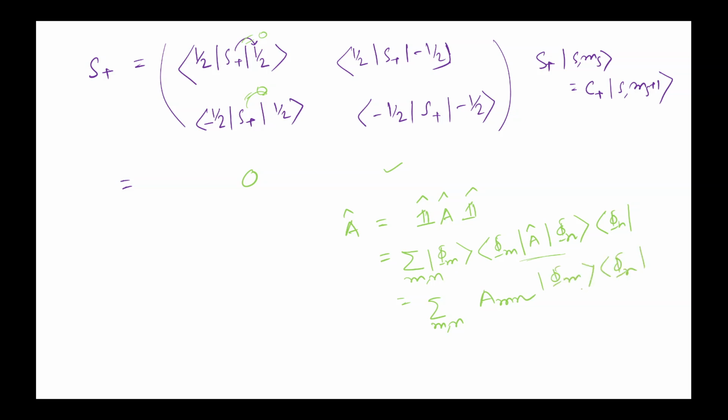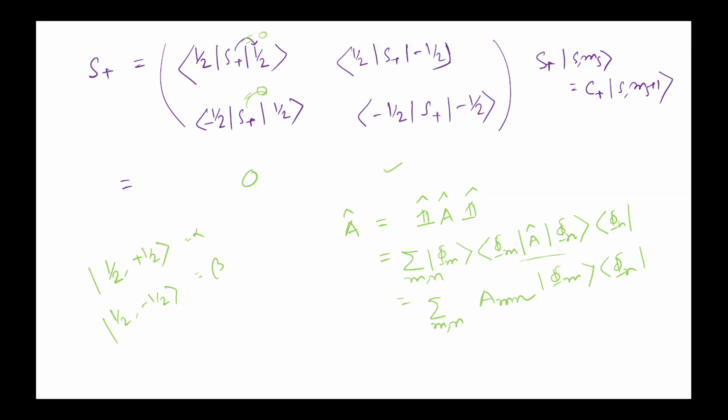So in the basis that you are working with, phi m or phi n, you can write any operator in that basis. Here our basis is half, plus half, which is one basis, and half, minus half, which is another. This is your alpha spin and this is your beta spin.